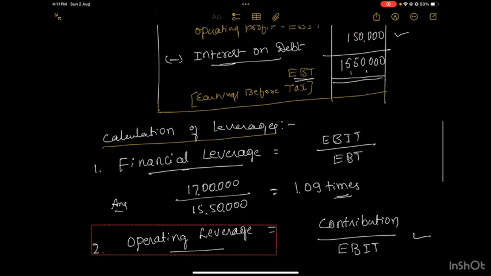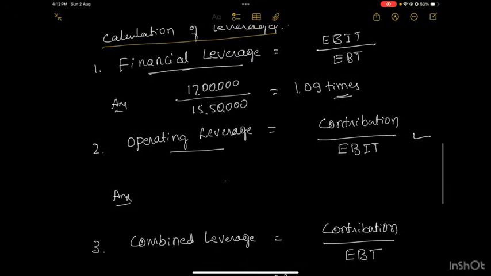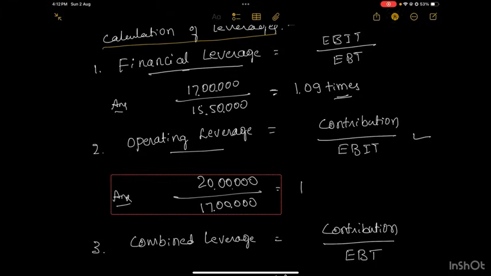According to this equation, what is the contribution? 20 lakhs. 20 lakhs divided by EBIT, which is 17 lakhs. Use the calculator so that you will get 1.17 times.